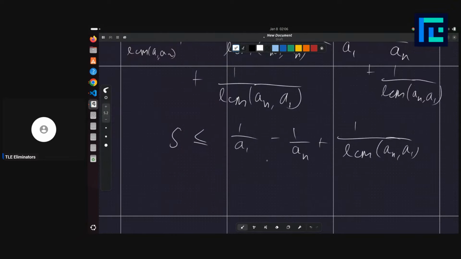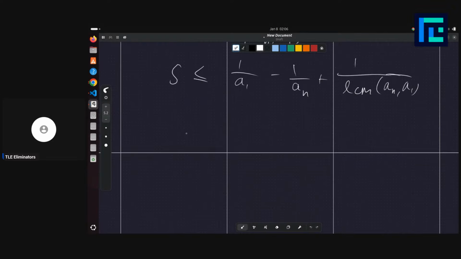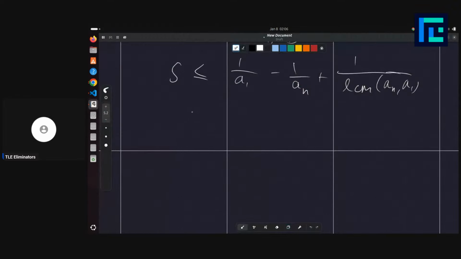But in my problem they are saying that s should be greater than or equal to 1.